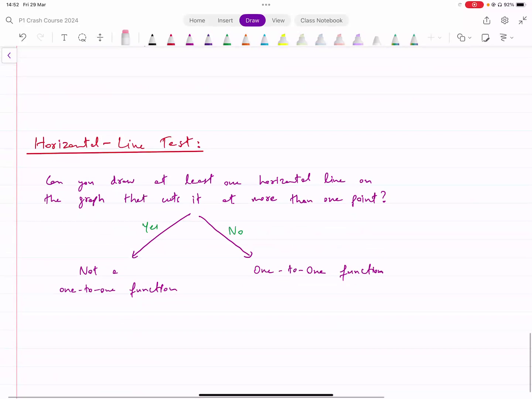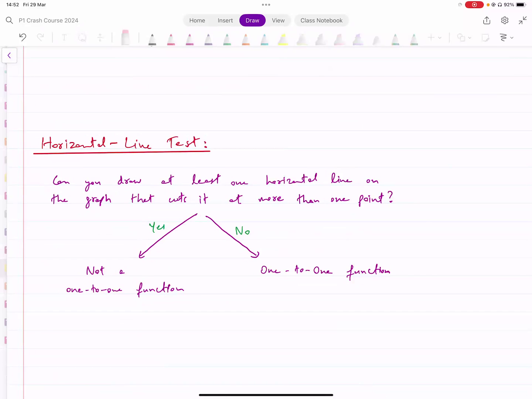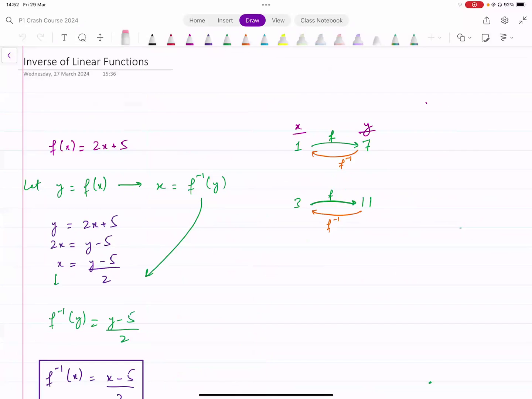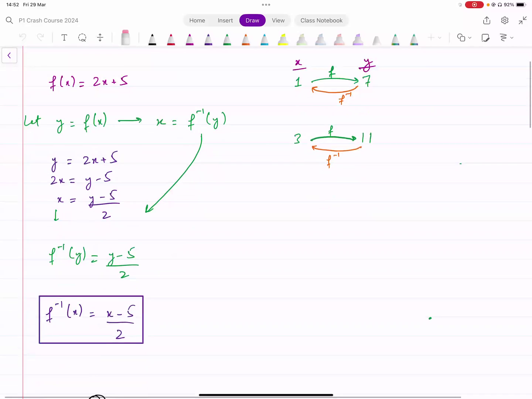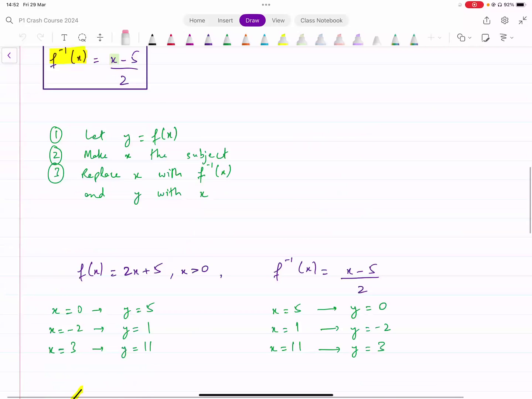We talked about horizontal line test, how you can look at a graph and figure out whether that function is one-to-one or not. Then we talked about inverse of functions, inverse of linear functions. This is something that you've done in O-levels as well. You know the process for this. We quickly revised that.